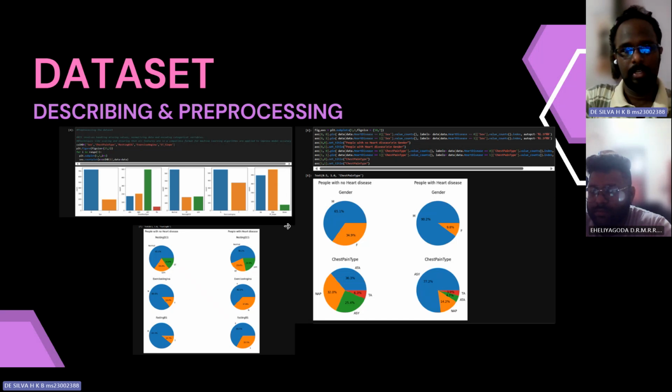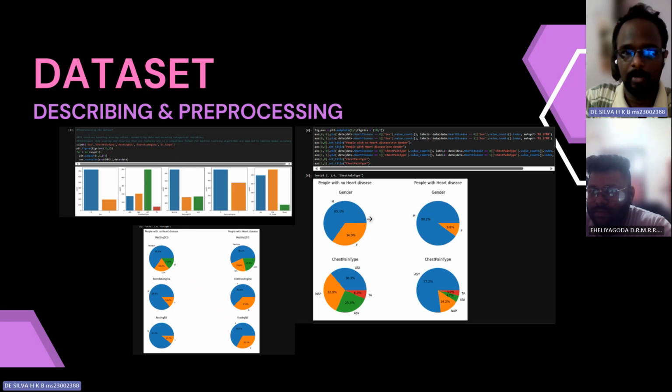In this we generated these diagrams, graphs, bar charts and pie charts. In these pie charts and bar charts, we visualize the comparison between the parameters of our dataset.